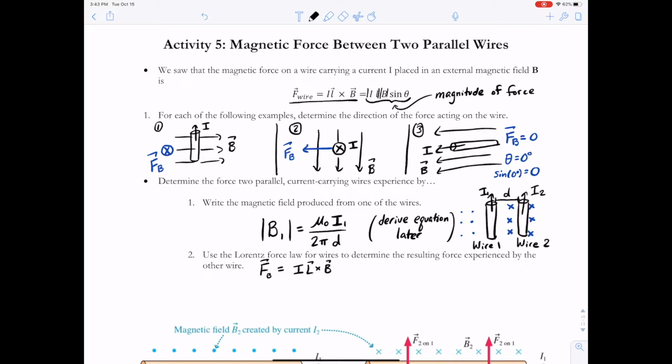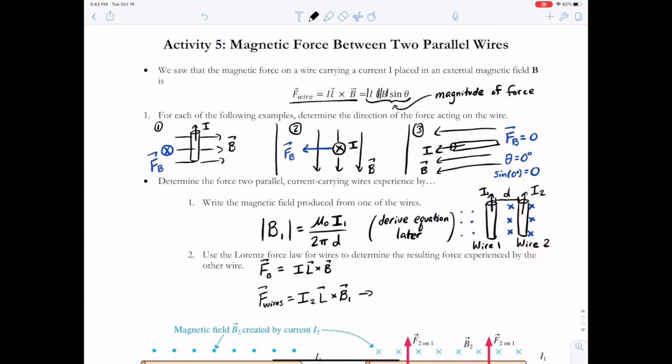In the context of wire 2, we'll write this equation as follows. The force between the wires is equal to, because we're looking at wire 2, current 2 times the length, and let's just assume both wires have a length L. And then we'd have cross, what's the magnetic field? Well, it's the magnetic field produced by wire 1.